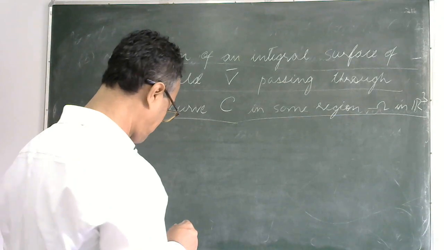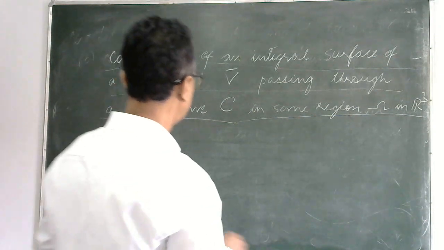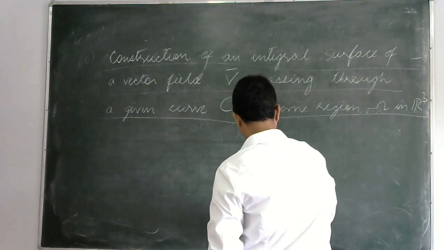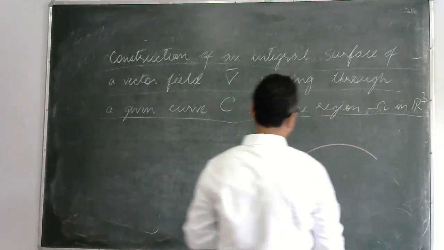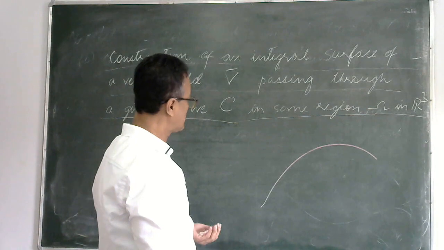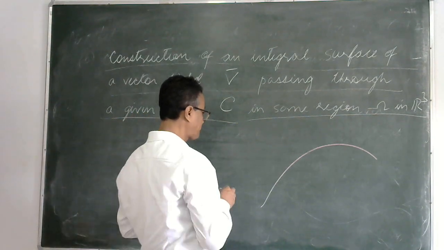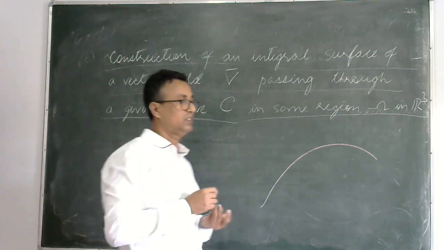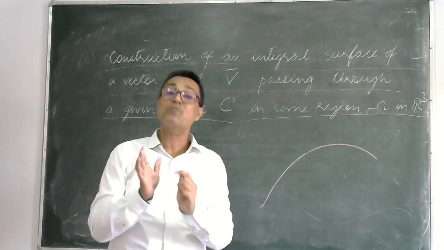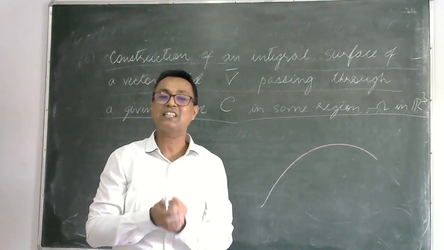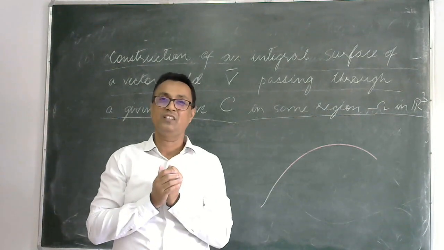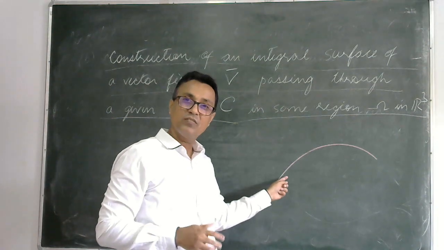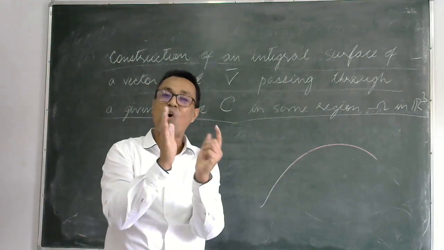Okay, fine. Suppose I consider a curve in omega, and I want to construct an integral surface in such a way that this curve is always going to lie on that surface.